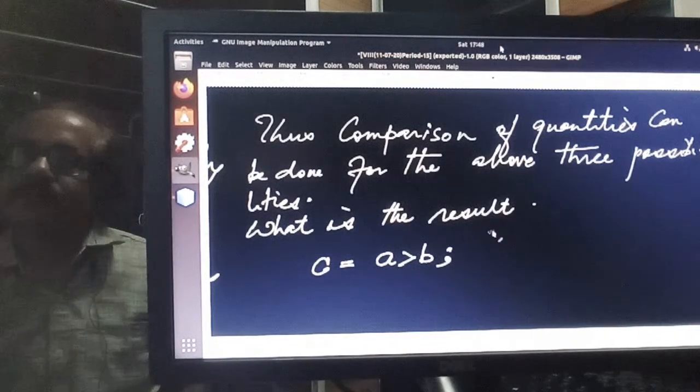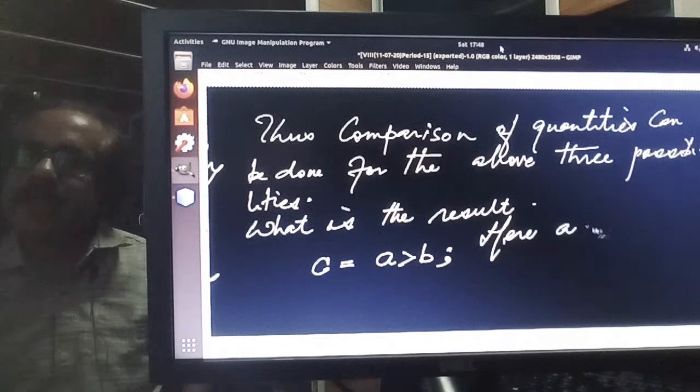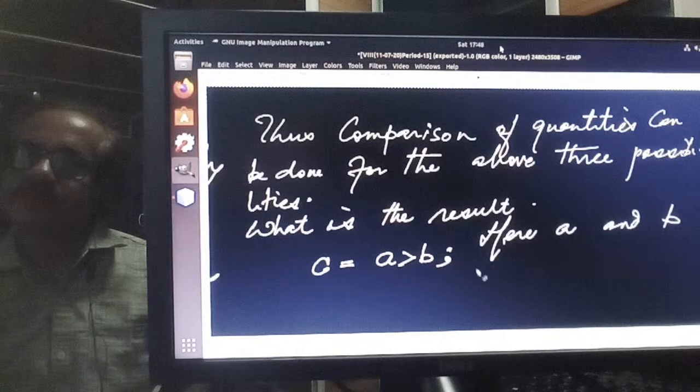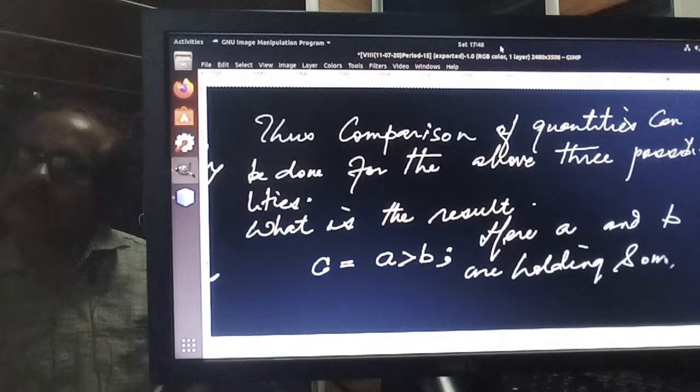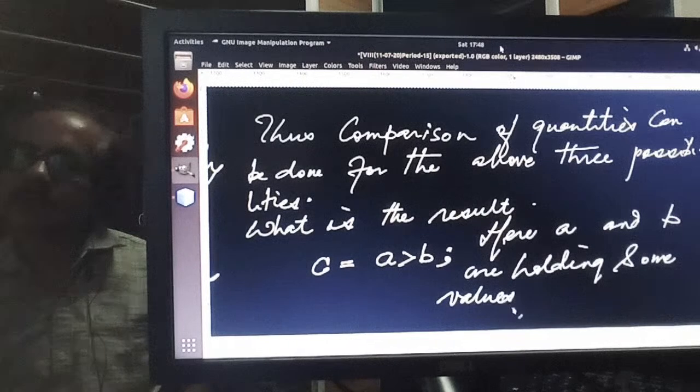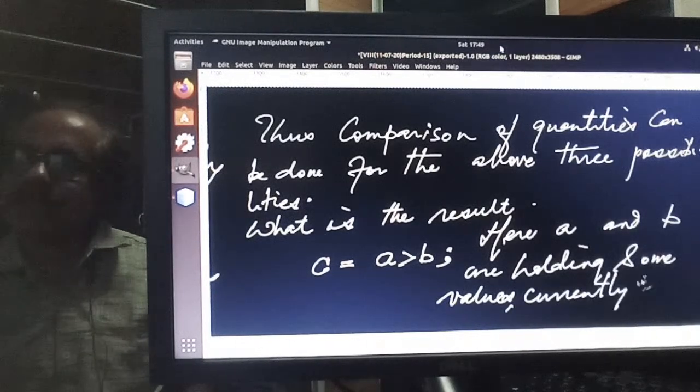Here, A and B are holding some values, currently unknown.